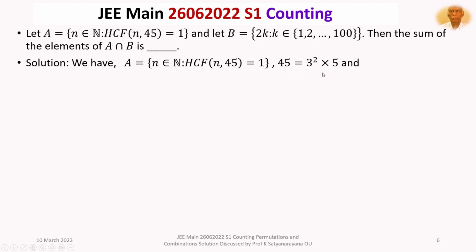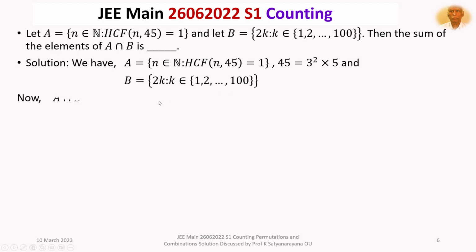This is the prime factorization of 45. And B is given as the set consisting of 2k, k belongs to 1, 2 up to 100. That means B is precisely the set consisting of 2, 4, 6, etc.